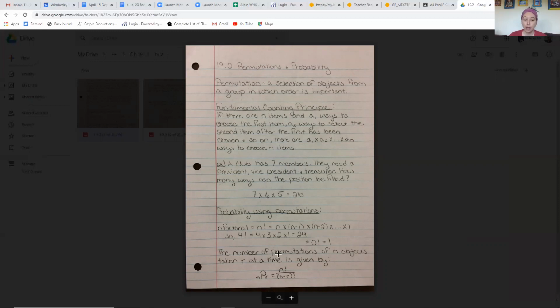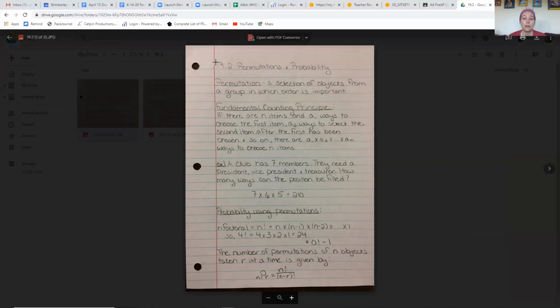So, if we're talking about the number of permutations of n objects taken r at a time, it's given by this equation down here: the number of permutations is n factorial over n minus r factorial.